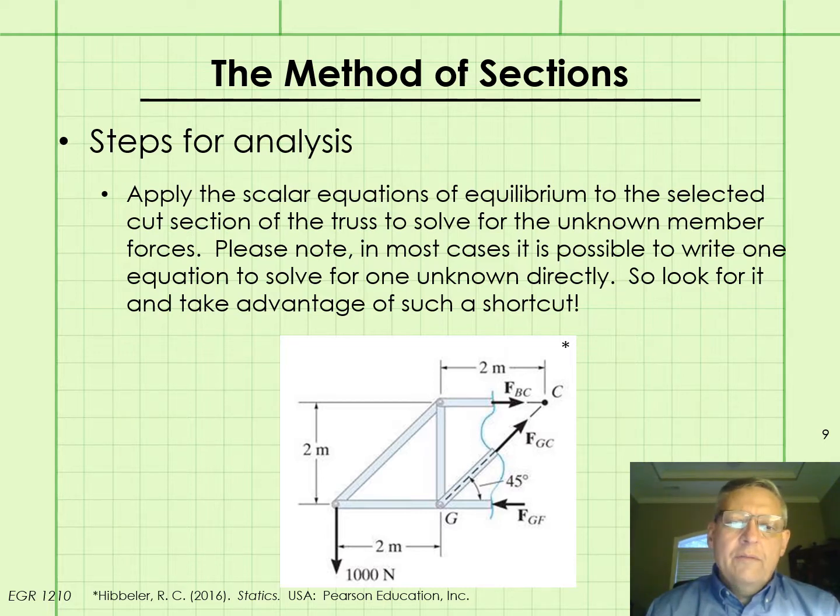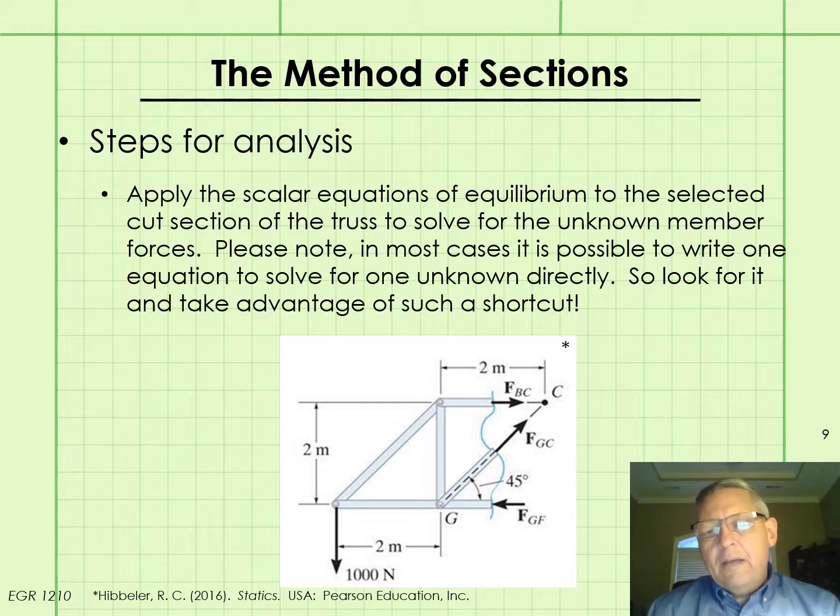So we have three equations of equilibrium: the sum of the forces in the x direction, the sum of the forces in the y direction, and the sum of the moments about any point. We can set all three of those equations equal to 0 since we're in equilibrium. Whereas in the method of joints, we were dealing with 2D particle equilibrium, and we just had the two equations of equilibrium to deal with.